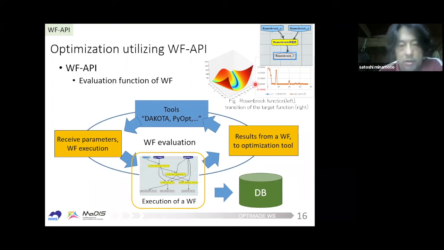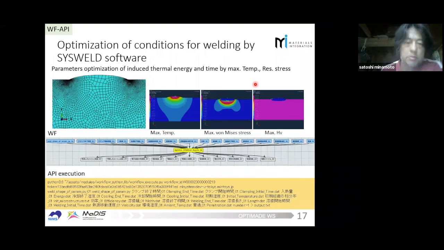It goes well, I think. And here is just an example applying the actual materials program in order to search the preferable condition of the heat treatment of the weld joint part.